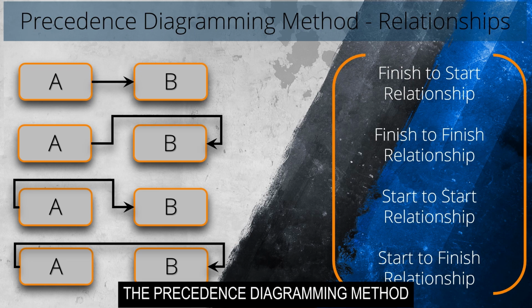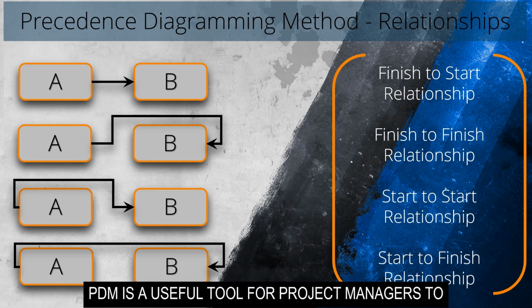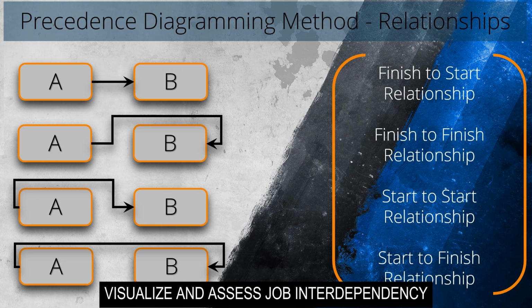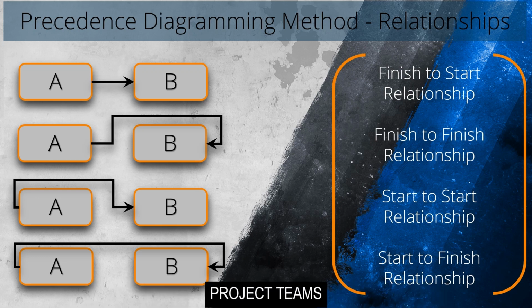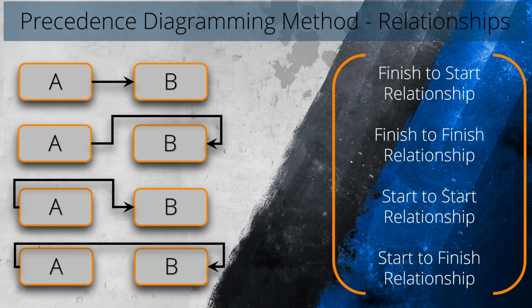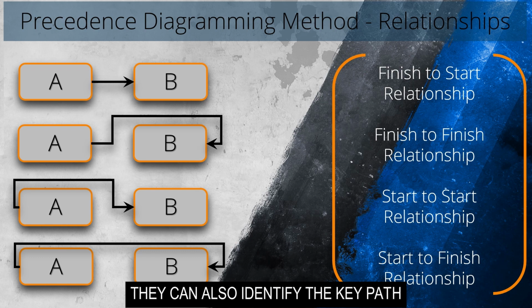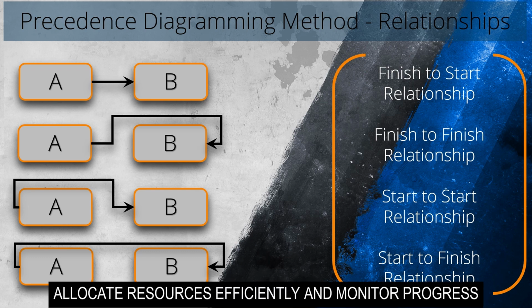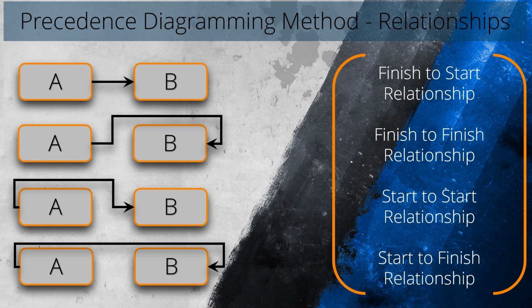The Precedence Diagramming Method, PDM, is a useful tool for project managers to visualize and assess job interdependency. Project teams can successfully organize and plan projects using PDM. They can also identify the critical path, allocate resources efficiently, and monitor progress.